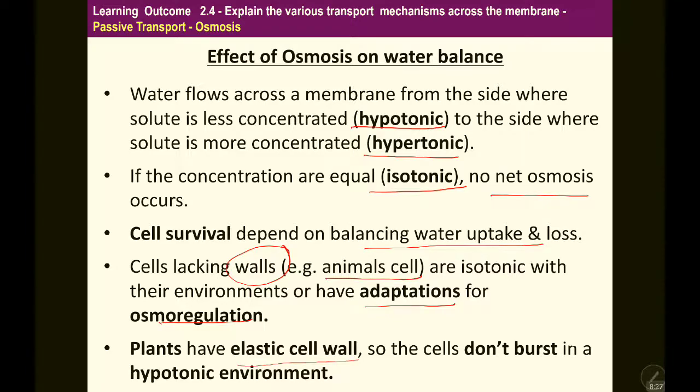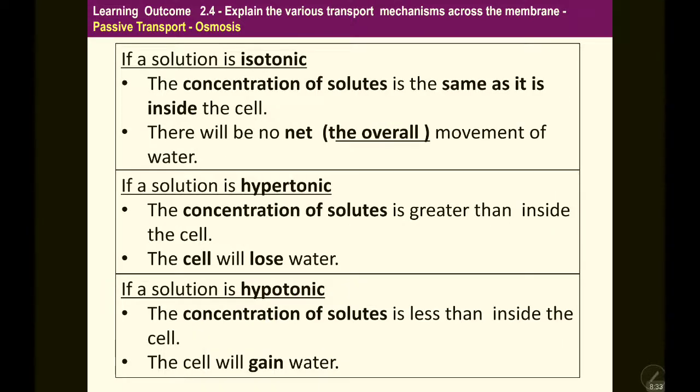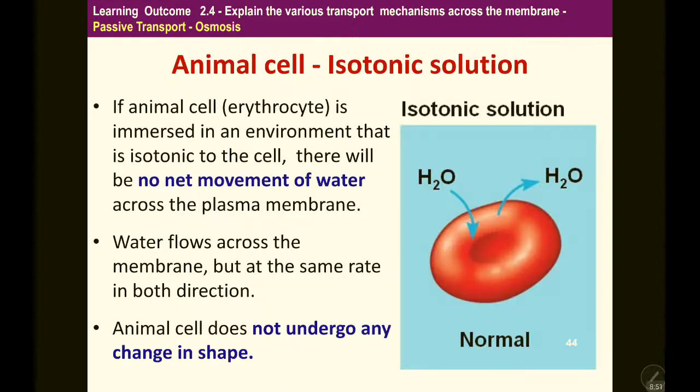Plants have an elastic cell wall, so the cell never bursts. If the solution is isotonic, no net movement. If the solution is hypertonic, water will move out, so the cell loses water. If the solution is hypotonic, water moves in, so the cell will gain water.